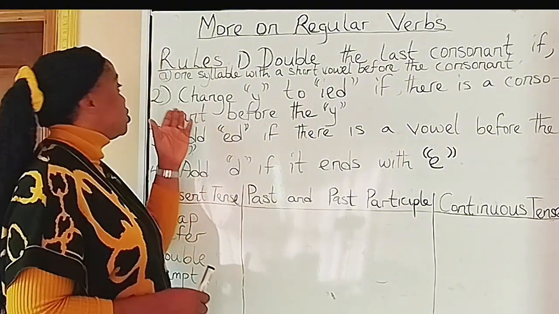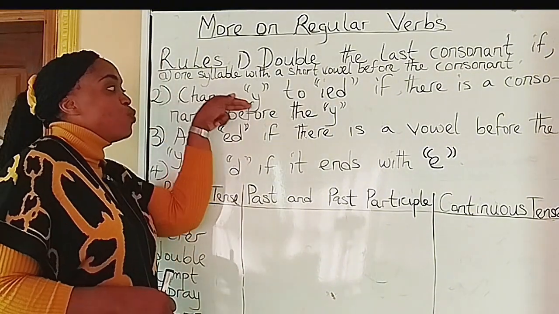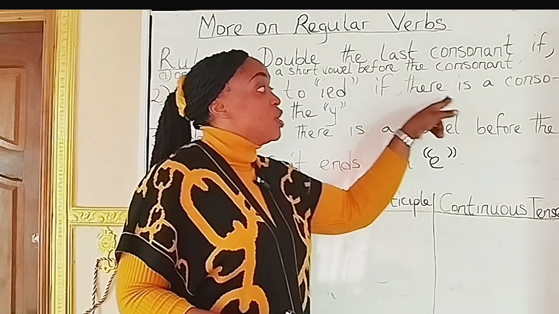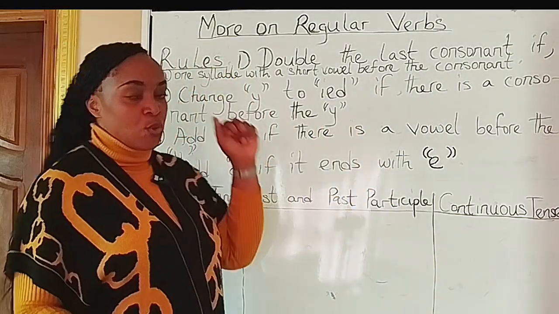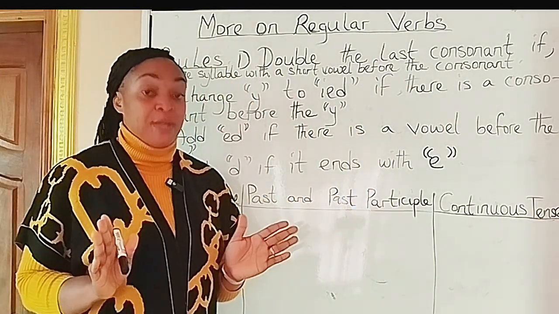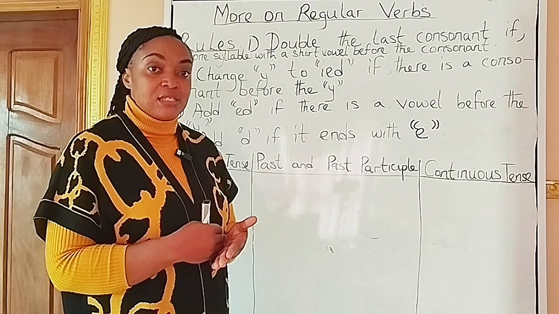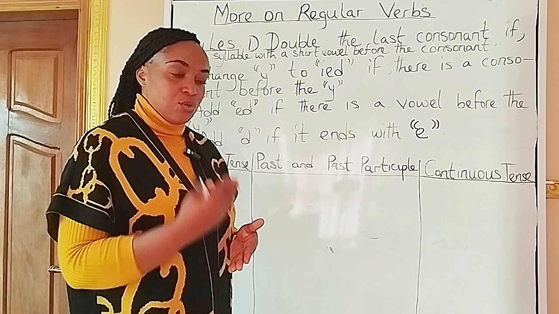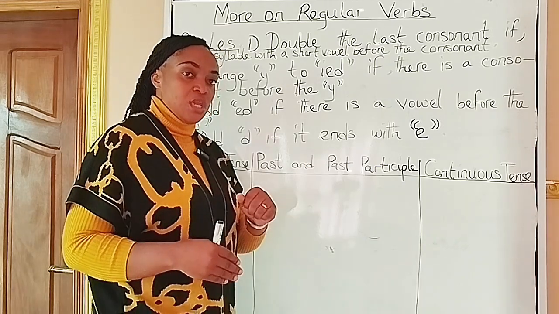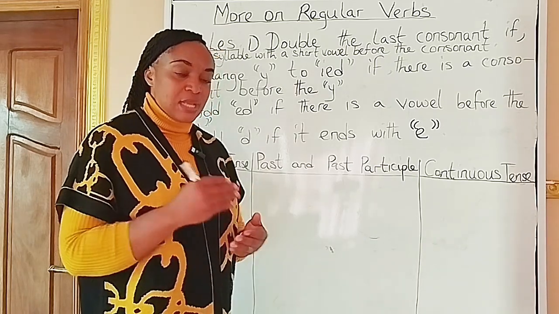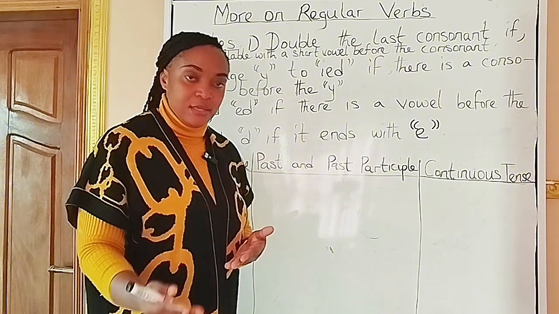All right. The number two rule states that you change Y to IED if there is a consonant before the Y. Most of us are familiar with this one. When you have a consonant before the Y, the rule states that you kick the Y out of the box and add IED.